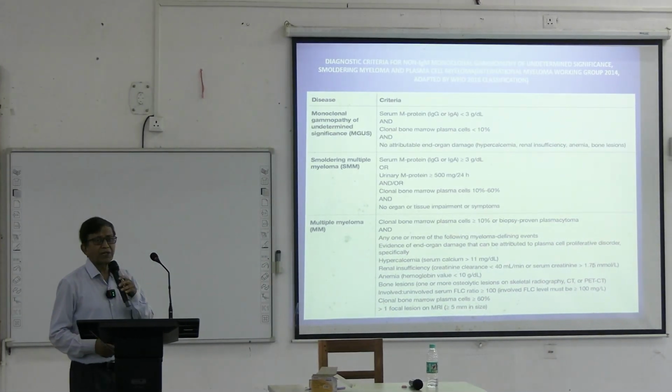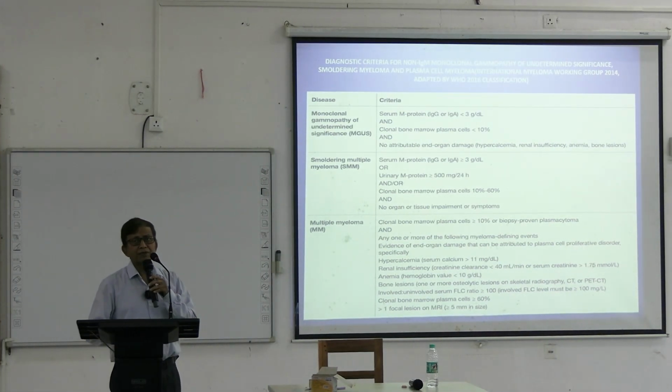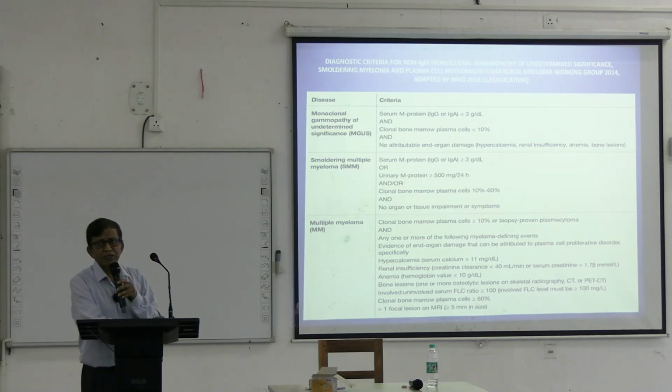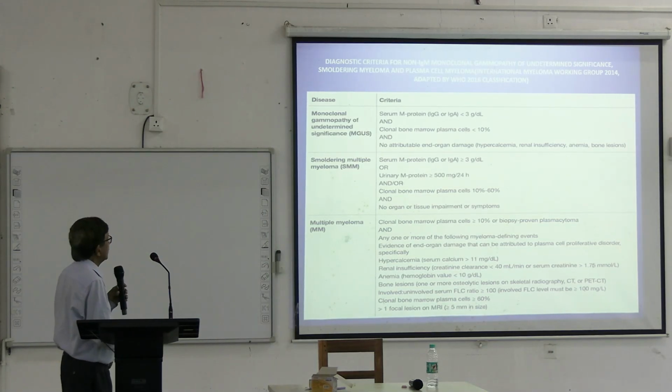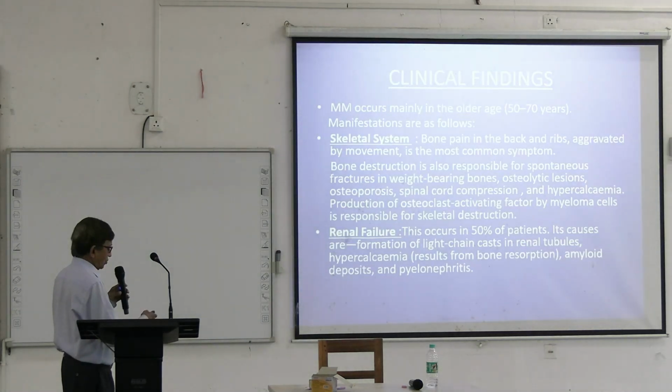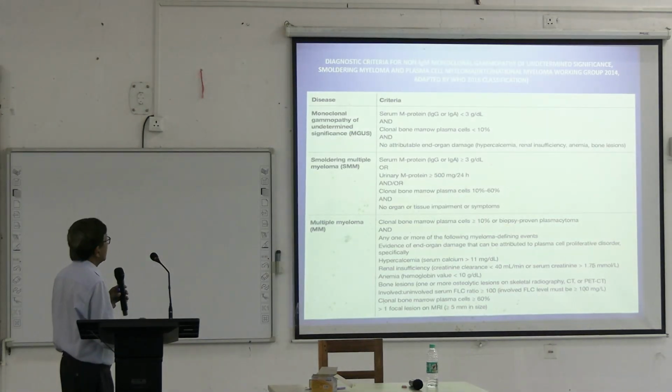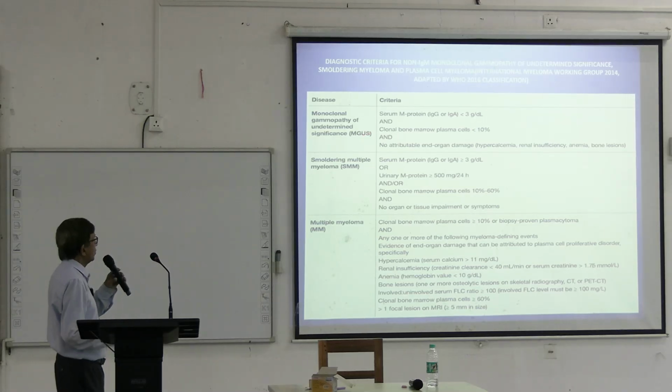So these are from our one reported book. It's there in every book. Nothing to be described. So we have described MGUS, where everything is low. We have described smoldering multiple myeloma, where the serum protein is high.